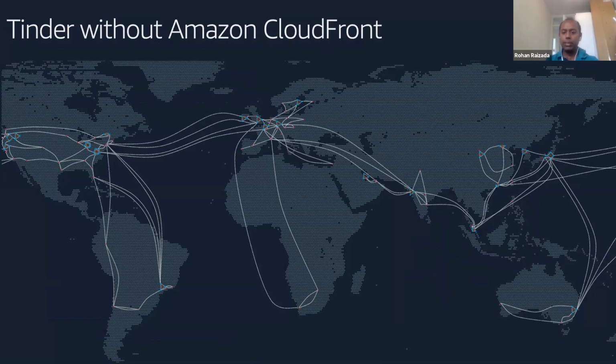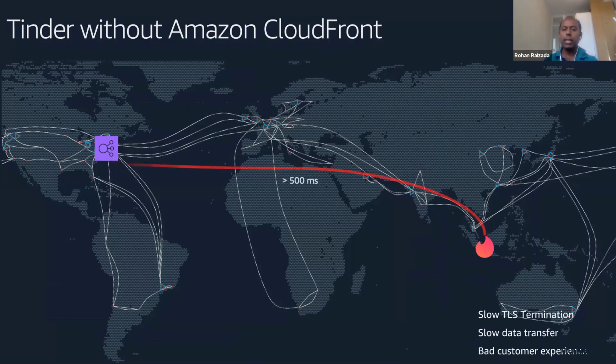Just to give you an idea, they had their origin hosted in the US East region, North Virginia, and customers, let's say from Indonesia, were seeing a latency of close to 500 milliseconds. This was because they were not using any CDN in this space, and they were only using the internet to route traffic to the region where the content was hosted. And this led to a bad customer experience.